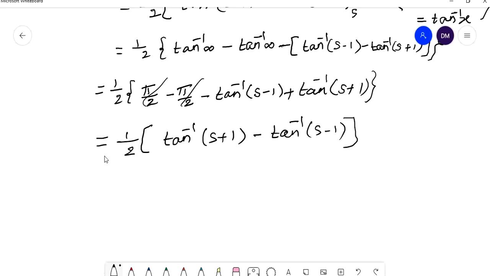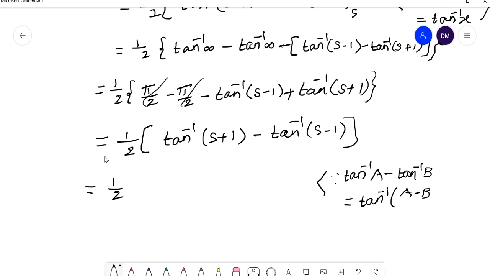Now I can simplify this one. How can I simplify? 1 by 2 into, this is in the form of tan inverse a minus tan inverse b. So this can be written as tan inverse of a minus b by 1 plus ab.